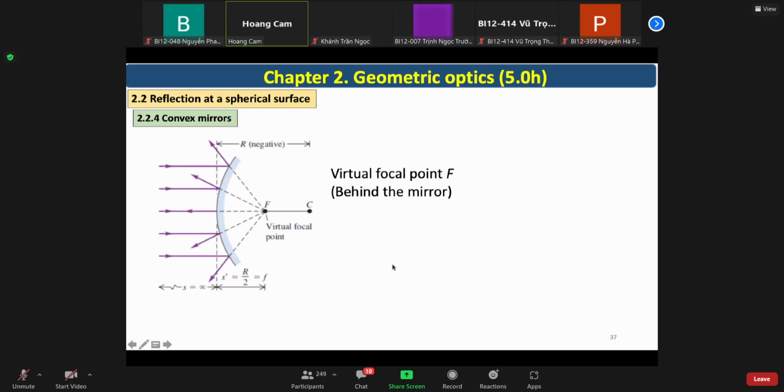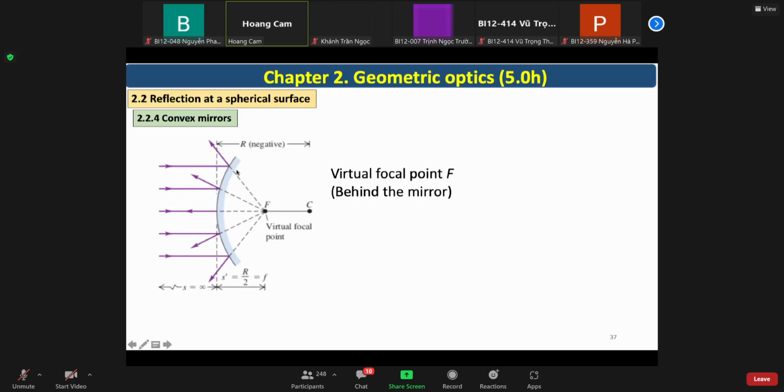And for the case of convex mirror, the focal point F is not really like we have for the concave mirror. If you inject the parallel rays like this, corresponding to the object at infinity, the reflected rays will be presented as shown in the figures, and they don't intersect, right?